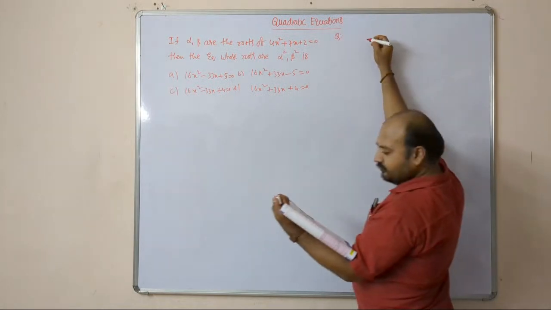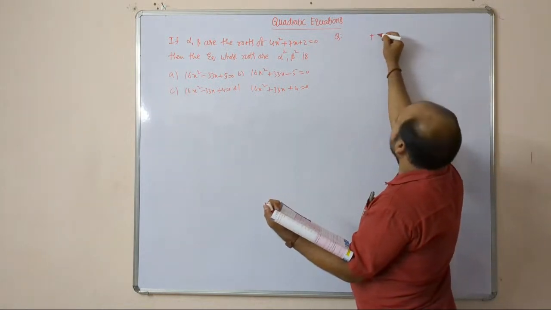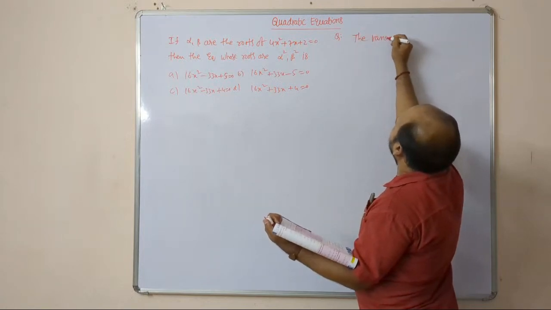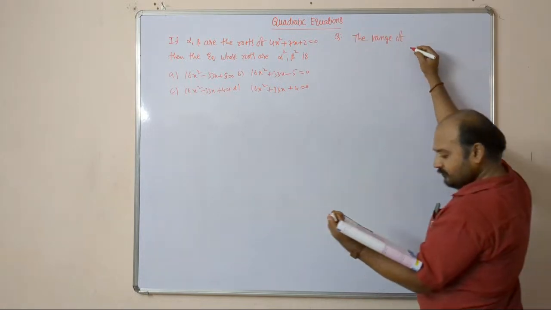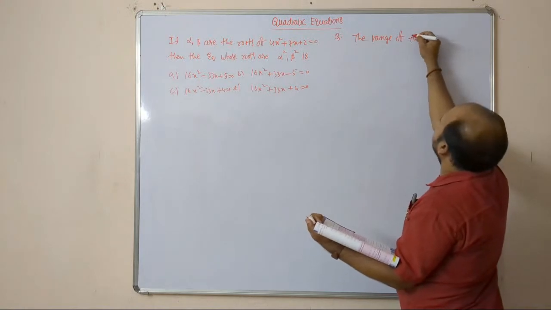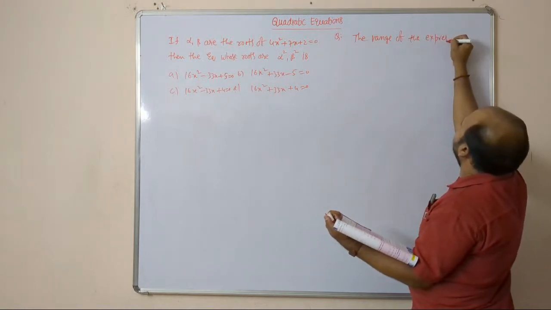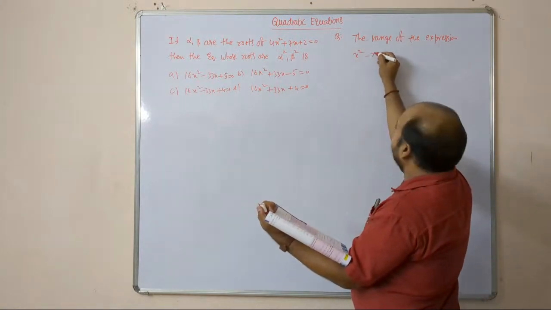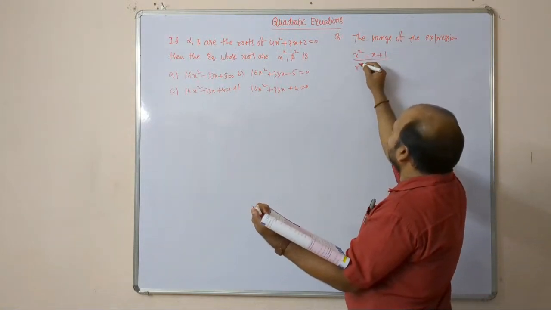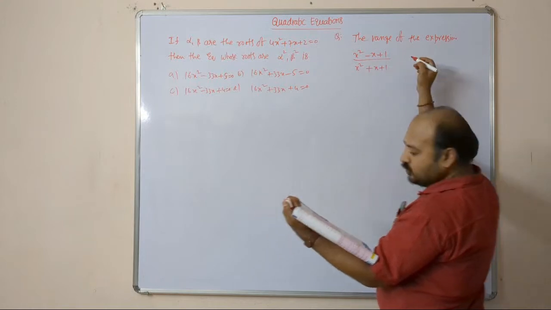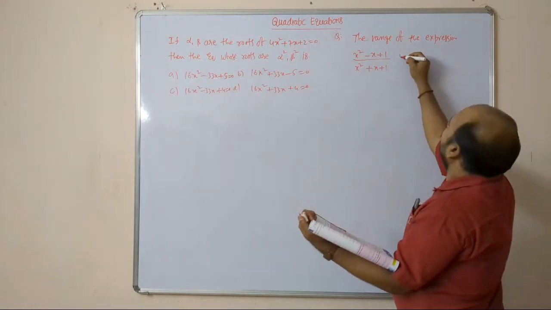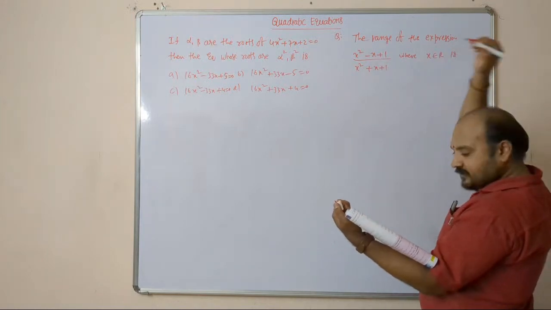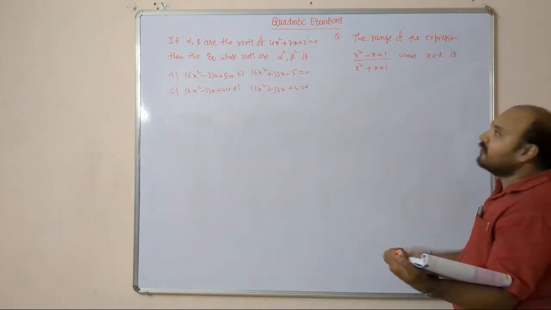Another question: the range of the expression (x square minus x plus 1) by (x square plus x plus 1), where x belongs to R, is. Range means what? Maximum and minimum values only, no?